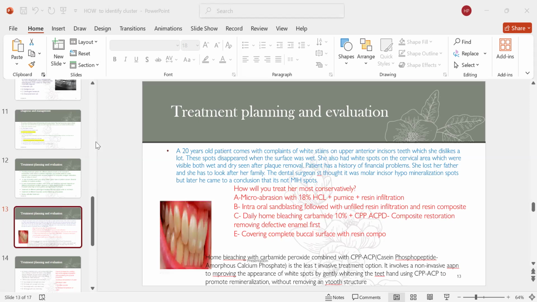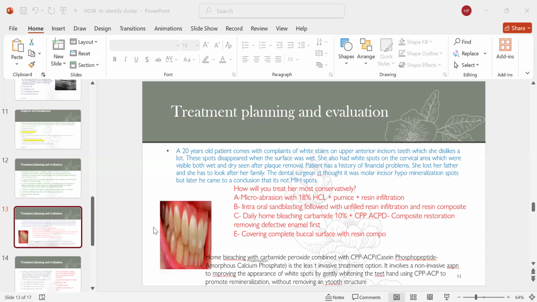Okay. There is a 20-year-old patient who comes with a white stain on the upper anterior incisors. Okay. So here you need to be very good at the diagnosis. White spot in the cervical area, you can see it's a little bit in the middle part. The dental surgeon previously thought it's molar incisor hypomineralization spots, but he later came to the conclusion that it's not MIH.